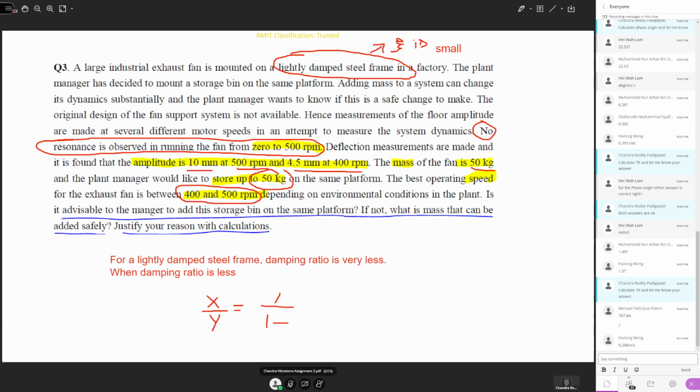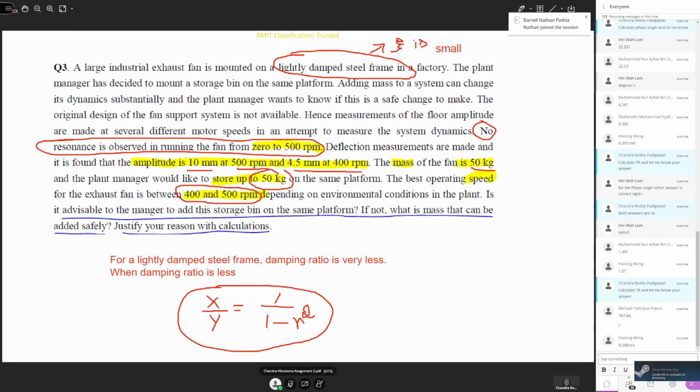So you can ignore the eta value, and the transmissibility ratio formula reduces to X by Y equals 1 over 1 minus R square. All right. So this is the hint to solve this problem.